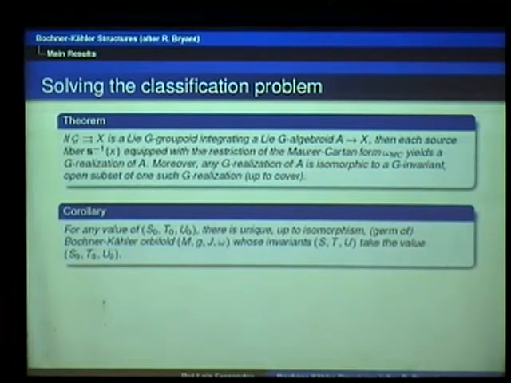Because the algebroid that you have there, it is indeed an algebroid. It satisfies the Jacobi identity. For any value that you pick of these invariants S, T, and U, you are guaranteed that there will exist a Bochner-Kähler orbifold which satisfies the equations and which takes this value at some point.